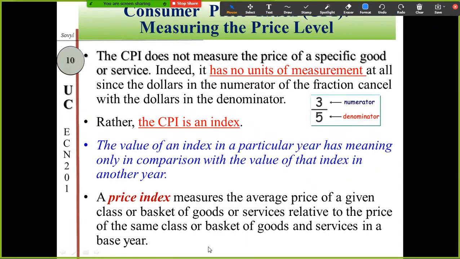That's why this represents a formula, but our formula just multiplies by 100, while the statement doesn't multiply by 100. So a price index measures the average price of a given basket compared to the average price of the same goods and services in the base year.